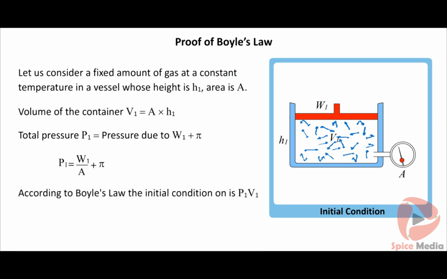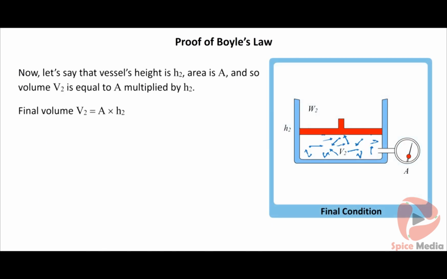The initial condition according to Boyle's law is P1 multiplied by V1. Now the pressure in the gas is increased by applying more weight W2 to the piston. Now, let's say that the vessel's height is h2 and area is A, so volume V2 is equal to A multiplied by h2.